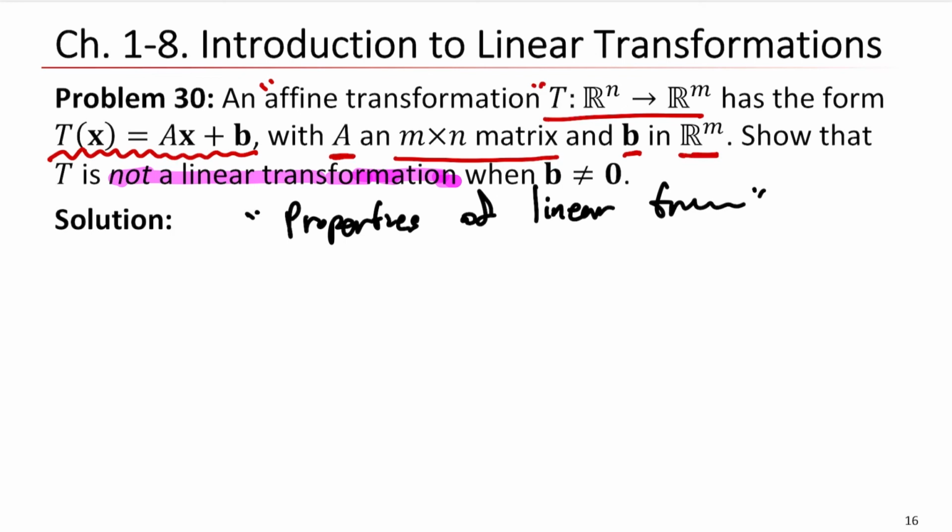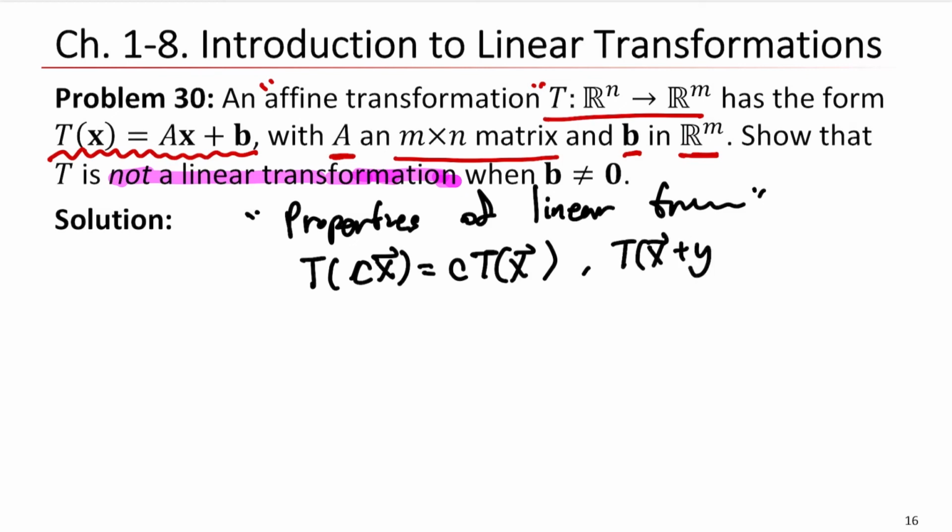Transformation T(cx) is equal to c times T(x), and T(x plus y) is equal to T(x) plus T(y).